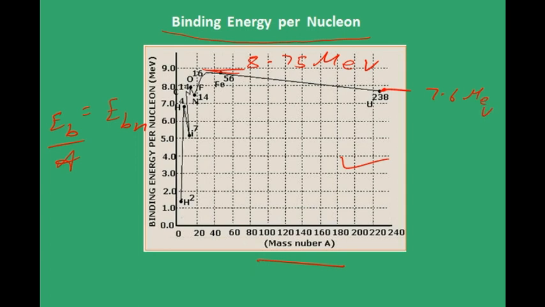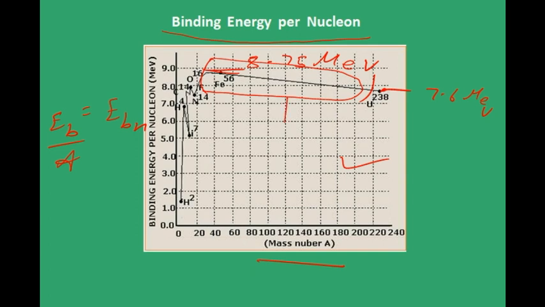And you see that this is some area which is of interest, because in this area the nuclear binding energy per nucleon is pretty much constant, right? Well, it is varying but not much. So this is our area of interest.